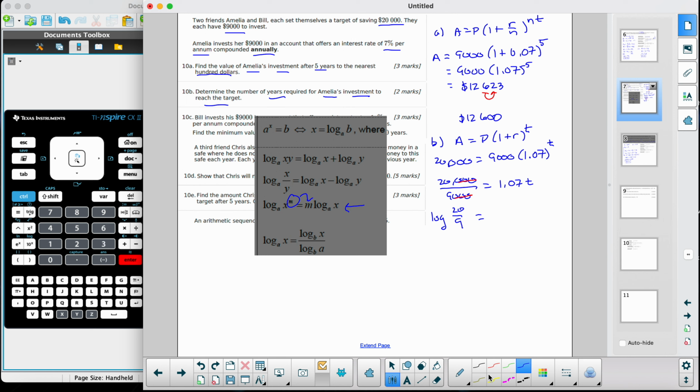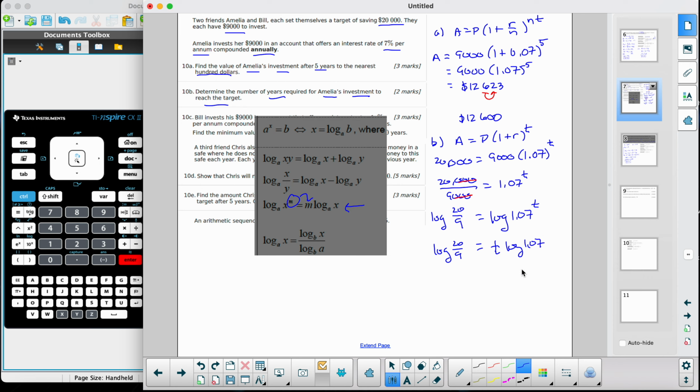equals, and look at that, I didn't put the T power here. Shame on me. Log of 1.07 to the T power. The whole reason I do that: log of 20 over 9 is equal to T times the log of 1.07.